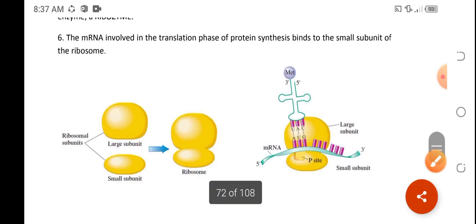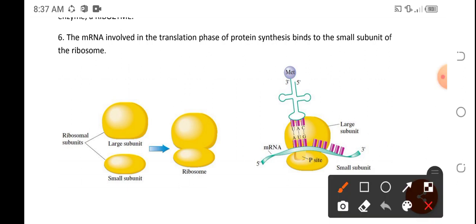Okay? So ito yung tsura ng ating ribosomes. Sabi natin kanina, meron siyang dalawang subunit, that would be the large and the small subunit. So the small subunit, it is where the mRNA, ito yung mRNA, dyan na-translate yung codes or yung mga genetic information na makikita sa mRNA.